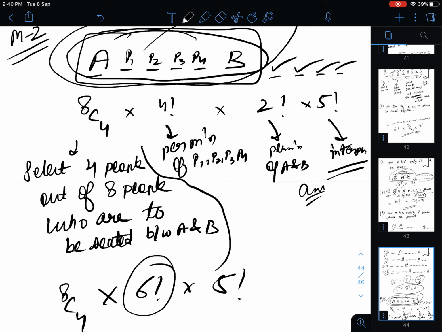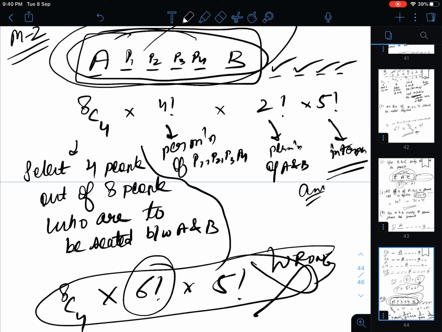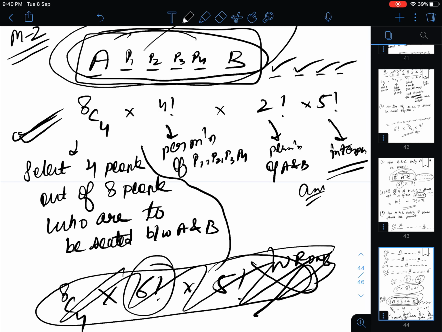This unit of 6 people, you can't permute all of them, because then it will violate the condition that between A and B 4 people should be there, because then you will have situations where between A and B there is no person at all, or 1 person, 2 persons, 3 persons. So don't do this. This is wrong. So we won't do this. So this is the right answer.